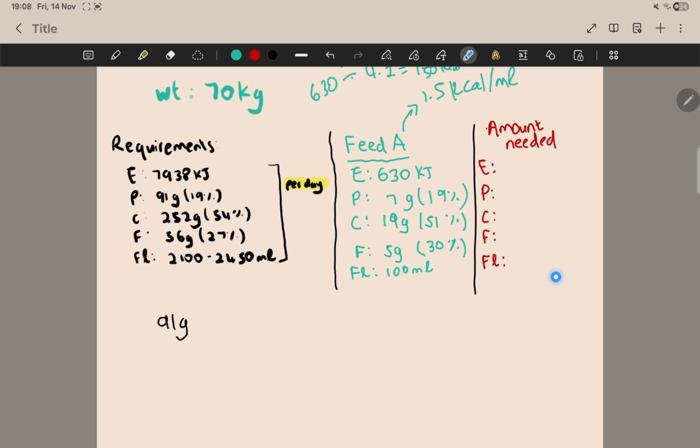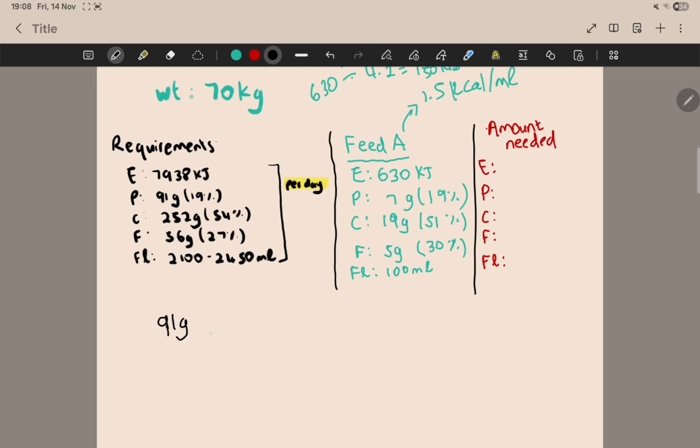In your amount needed, you also need to calculate that. Same with feed A, the amounts of total energy that each macronutrient contributes is given in brackets. If you compare these values, you can see that the percentages are quite similar. Okay, so let's do the calculation anyway.